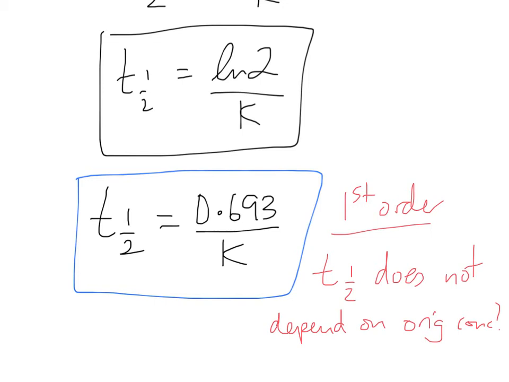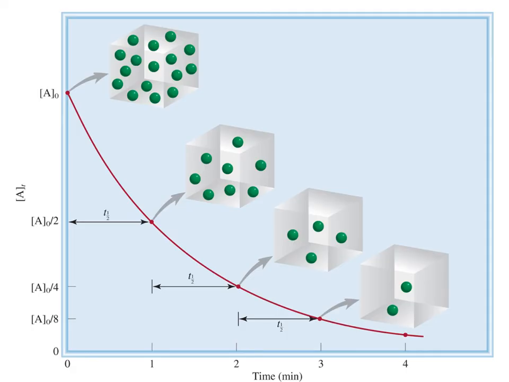Let's have a quick look at a figure of a first order reaction as time goes by. This is a figure from our textbook, and you can see that on the y-axis you're plotting the concentration, and on the x-axis you're plotting the time. And you can see there's a whole bunch of balls, 16, right?